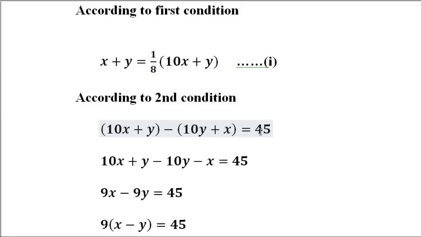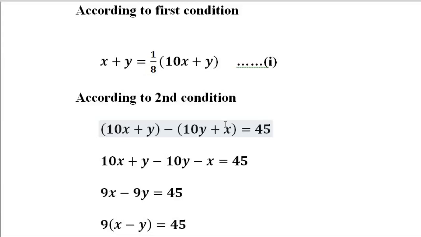Now, what happens if the digits of the number 10x plus y are reversed? The number becomes 10y plus x. It is simple that the tens digit will go to the ones place and the ones digit y will go to the tens place. Now back to the condition.